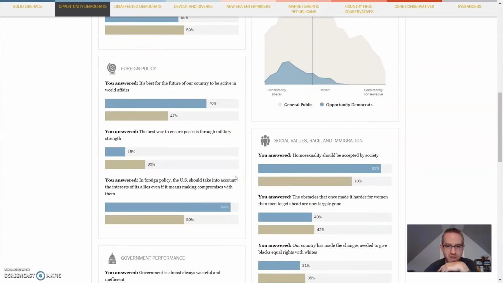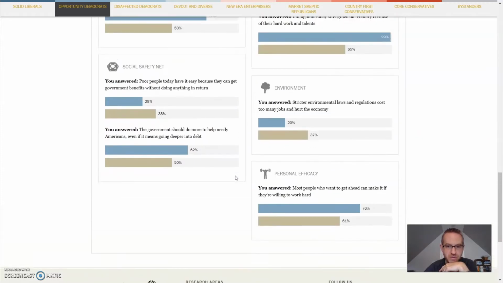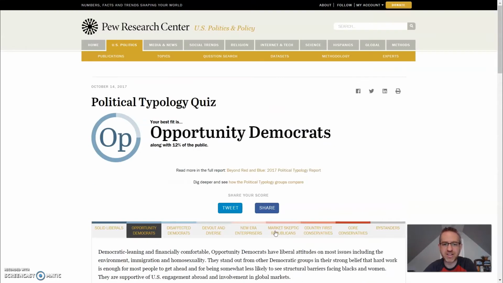Okay, so is there anything that is very, very different, might be interesting to look at? So like this one, there's a difference between the people group it lumped me with versus this. Okay, now, again, don't freak out. This doesn't necessarily mean I'm an Opportunity Democrat. It's just I clicked all the top stuff.